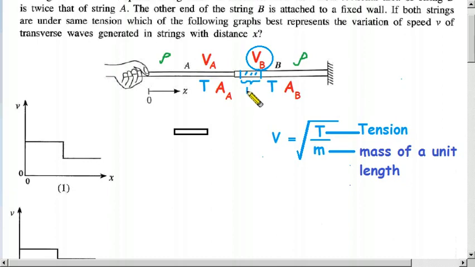Assume that this small piece has a length of 1 meter, while the total length may be 5 meters or something like that. So now we have taken a piece whose length is only 1 meter. Say the cross-sectional area is A, and the density is rho.